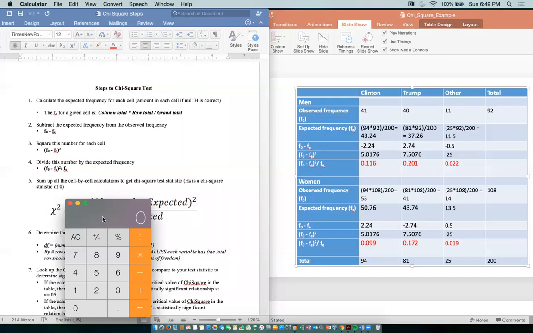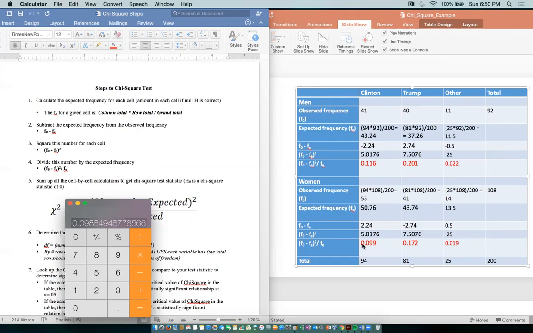So here, for instance, if I'm looking at men voting for Clinton, I have 5.0176. I divide that by 43.24. And I get, rounding to 3 decimal points, 0.116. I'll do this for women voting for Clinton to give you another example. So here I have 5.0176 divided by the 0.76.